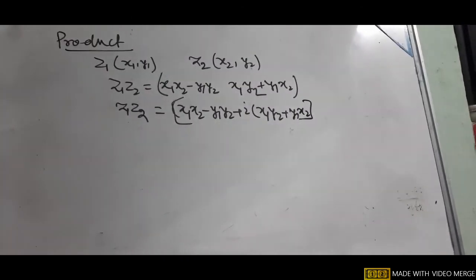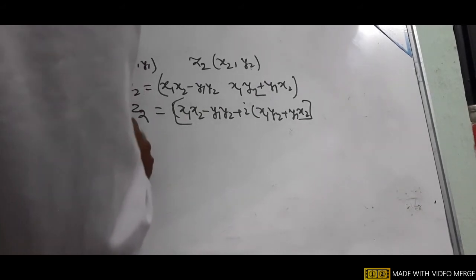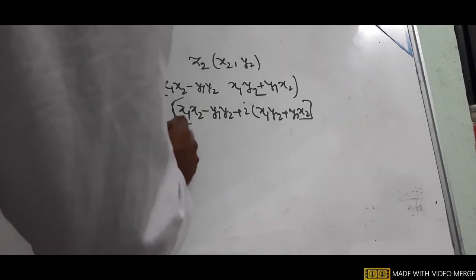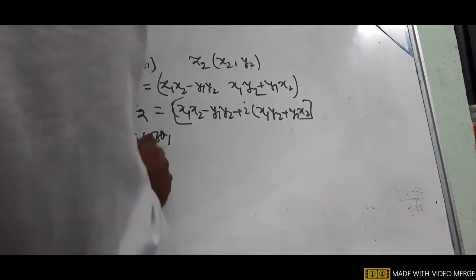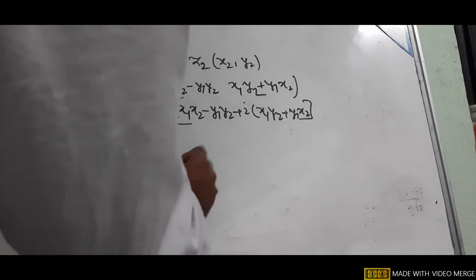Now if you write it in polar coordinates, then you know that x1 equals r1 cos theta1, x2 equals r2 cos theta2, similarly y1 equals r1 sin theta1 and y2 equals r2 sin theta2.